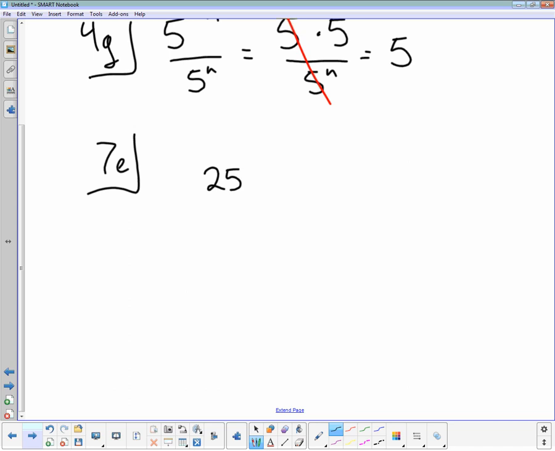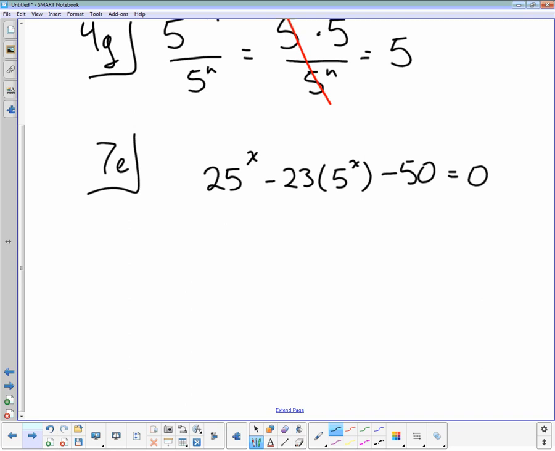25 to the x minus 23 to the 5x times 5 to the x minus 50 equals 0. All right, well, the first thing that I see is I've got 25 to the x, which has 5 to the x in it.